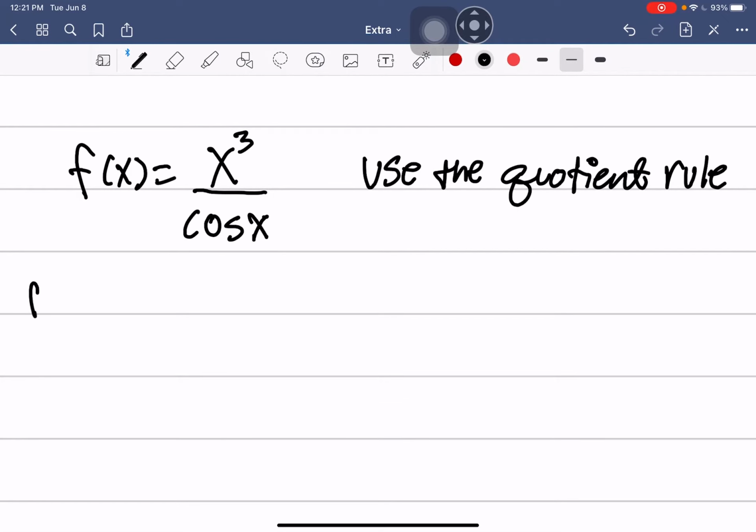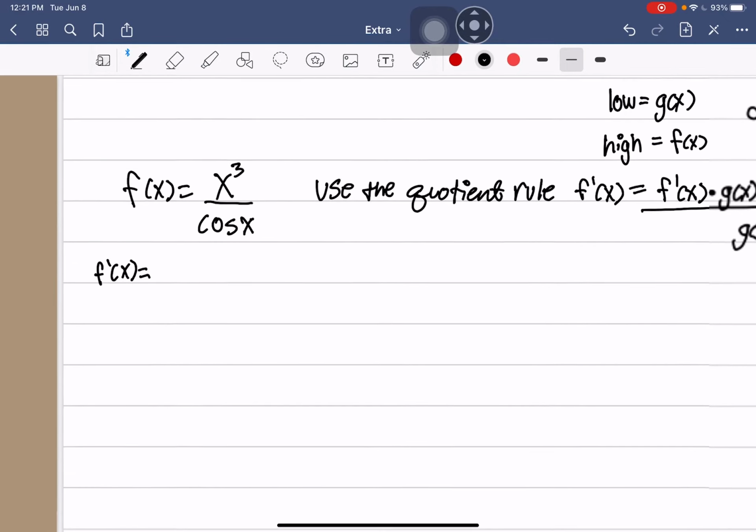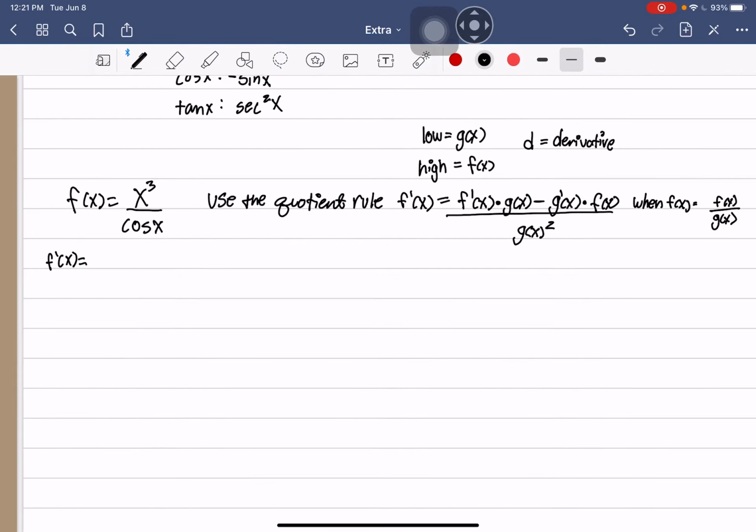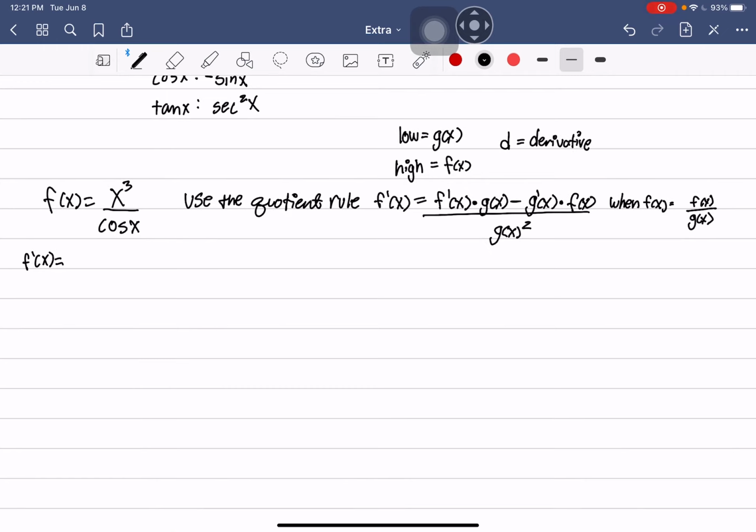So the derivative of f of x, let's use our formula and what we know to solve for this. So let's first set it up.